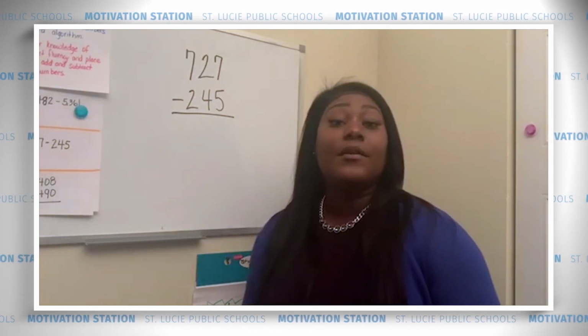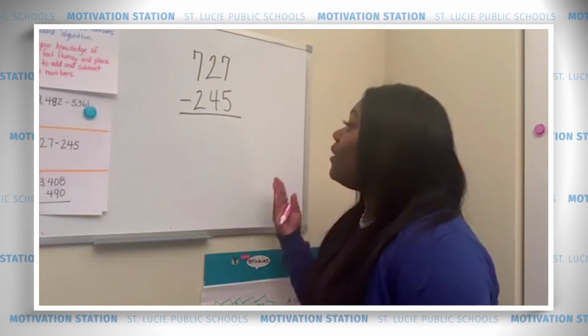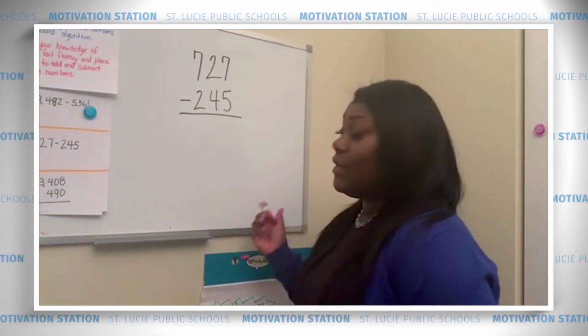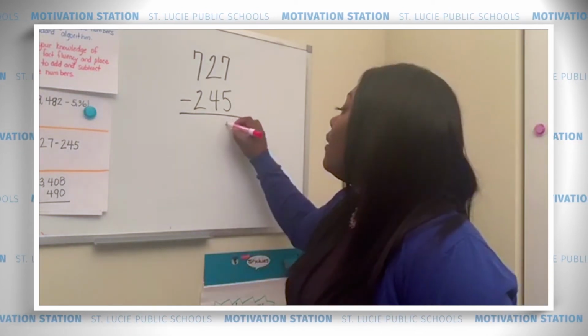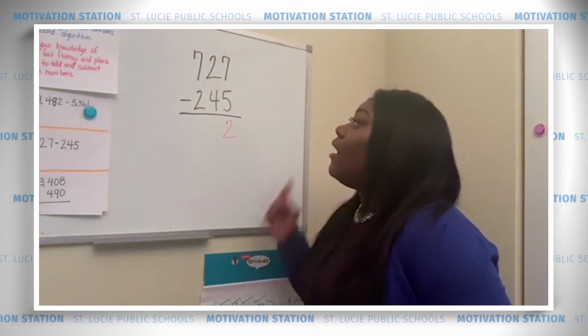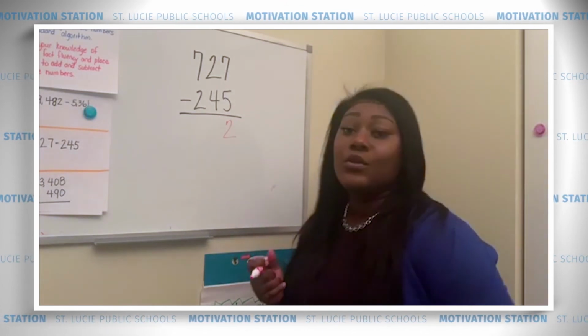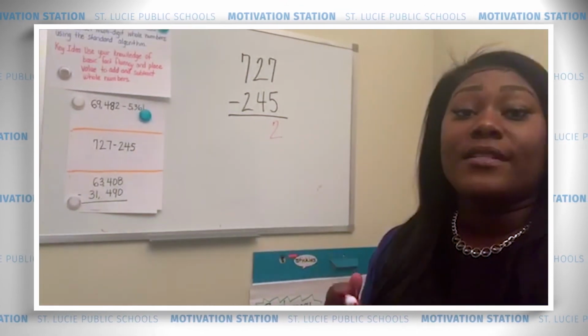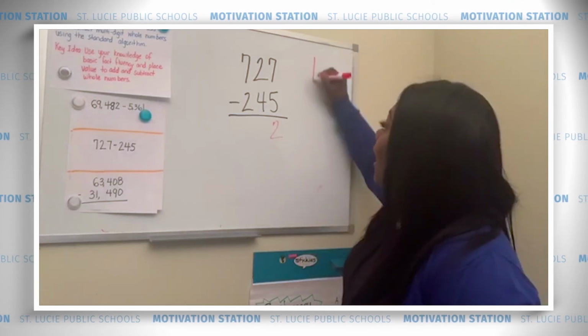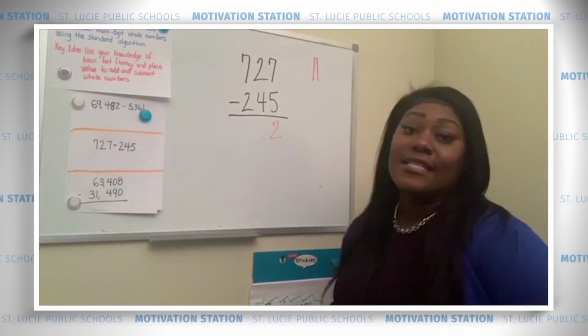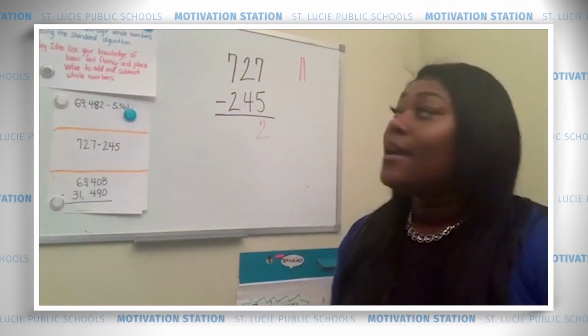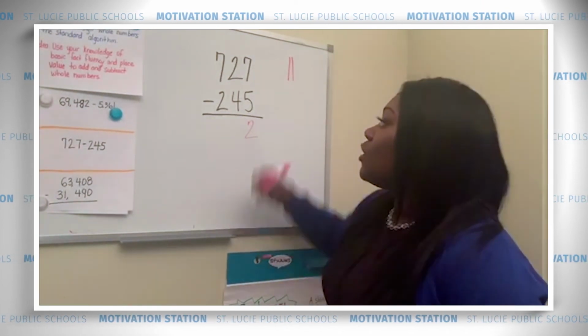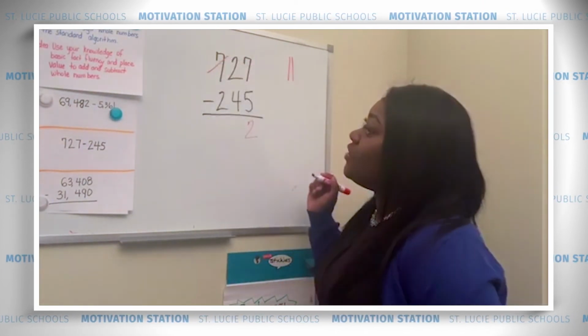Okay, so let's start in the ones place. 7 ones minus 5 ones equals 2 ones. Get to the tens place. I have 2 tens, and I need to subtract 4 tens. Can I do that? I cannot do that. So I'm going to take a look at the hundreds place.